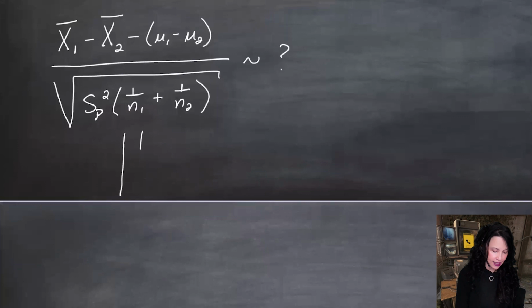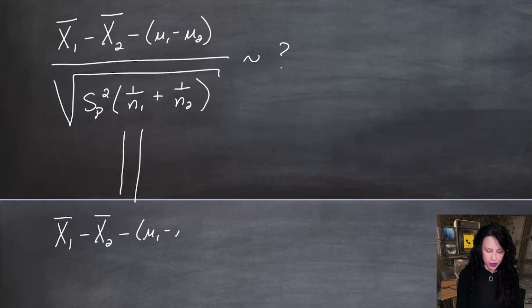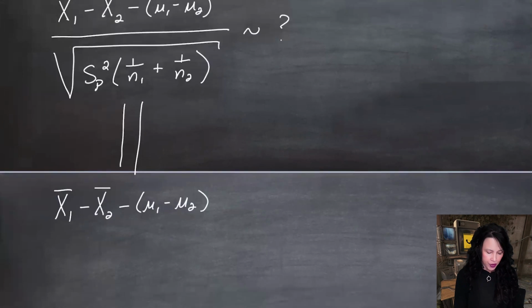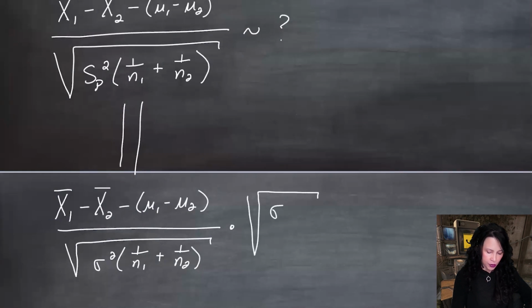This is equal to X1 bar minus X2 bar minus (mu1 minus mu2) over the square root of sigma squared times (1 over n1 plus 1 over n2), times the square root of sigma squared over the pooled variance.